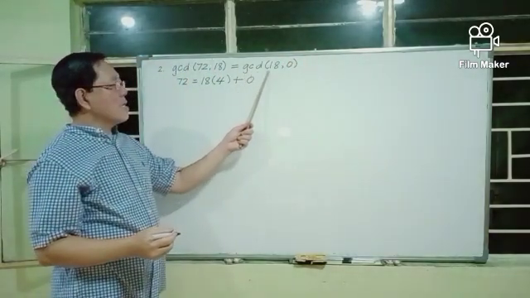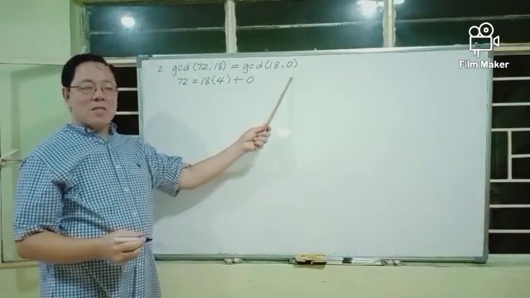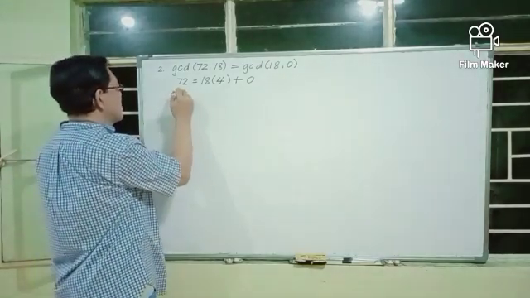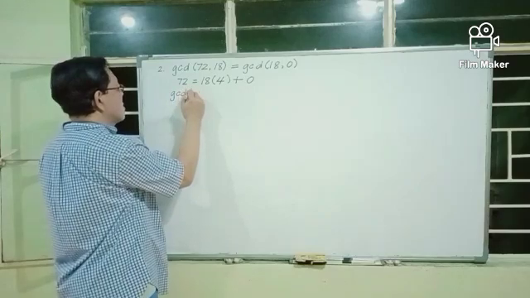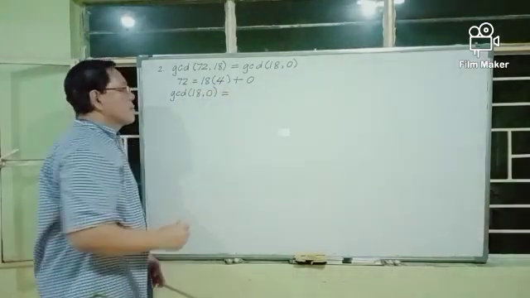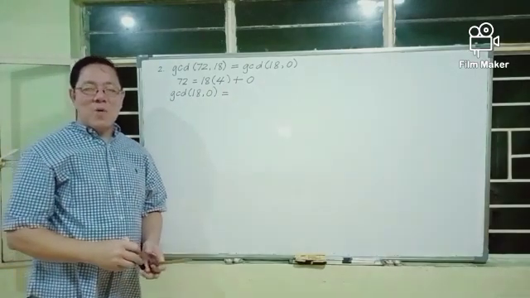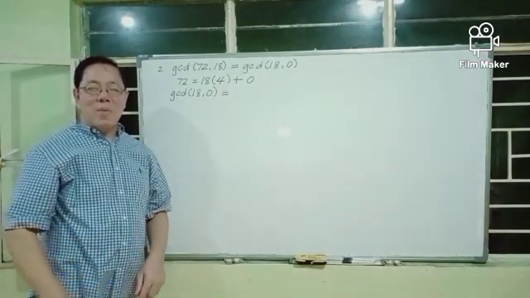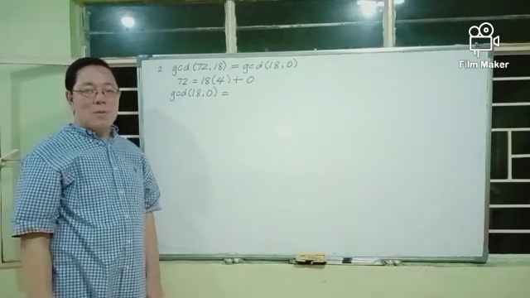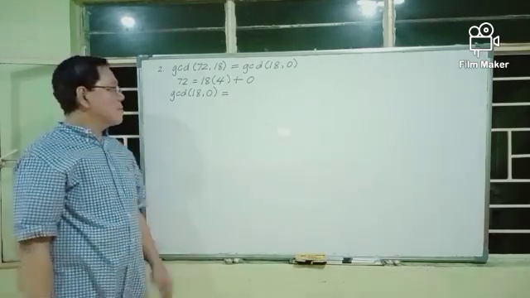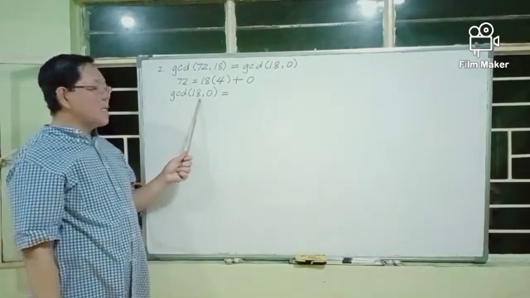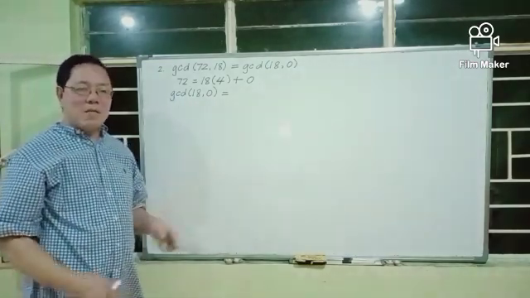And now we find the greatest common divisor of 18 and 0. Applying the result we obtained earlier, that the greatest common divisor of A and 0, where A is greater than 0, is equal to A. A here is 18, therefore the greatest common divisor of 18 and 0 is 18.